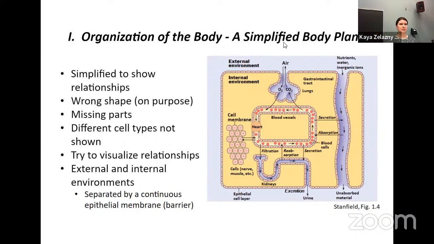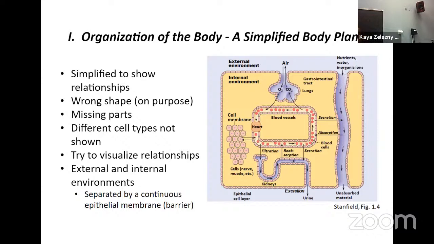So what we have here is a simplified body plan. The goal of this horrible diagram is to show you relationships between different parts of your body. The shape is wrong on purpose to highlight these relationships, and it's missing lots of different parts. You'll notice it doesn't have different cell types in here. But what it does show you really well is the external and internal environment. In fact, on this diagram, they are color coded.